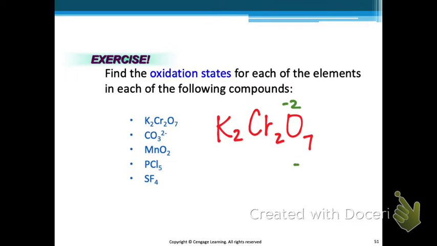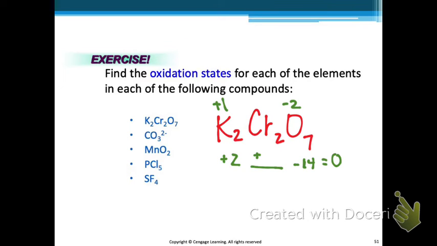Then we're going to jump over to potassium. Since potassium is a metal and it's forming part of an ionic bond, it gets to keep its regular charge. And so potassium's regular charge is +1. There's 2 of them, which is a total of +2. So what number has to go in the middle there to get that equal to 0? +2.